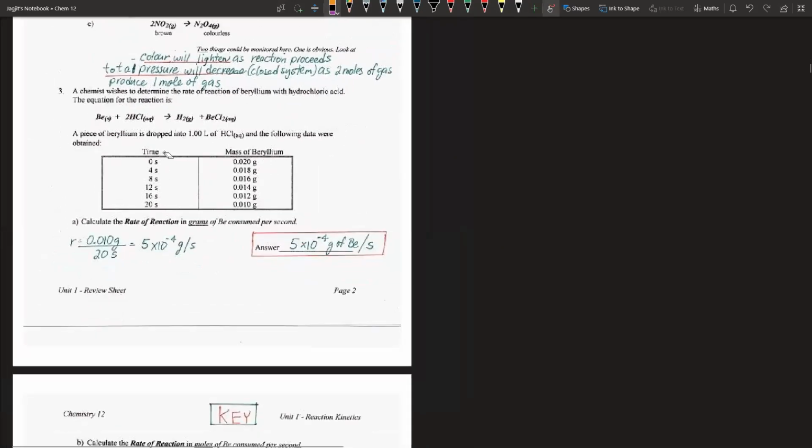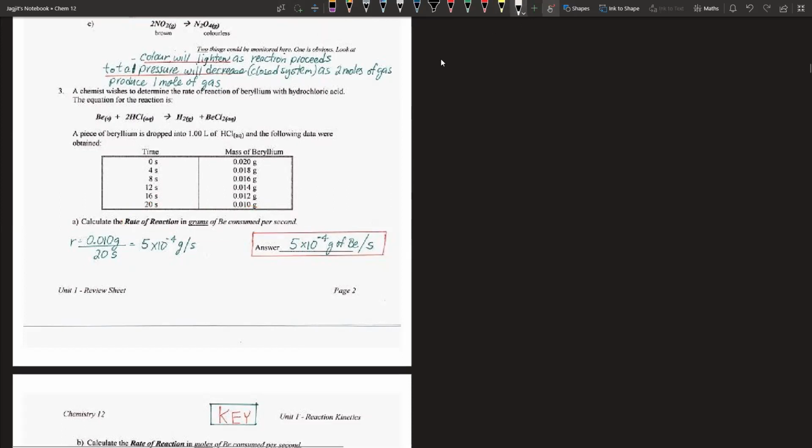You see they've given you time and mass right here. The question says, calculate the rate of reaction in grams per second for Be. So they want us to find the reaction rate in terms of grams of Be consumed per second.